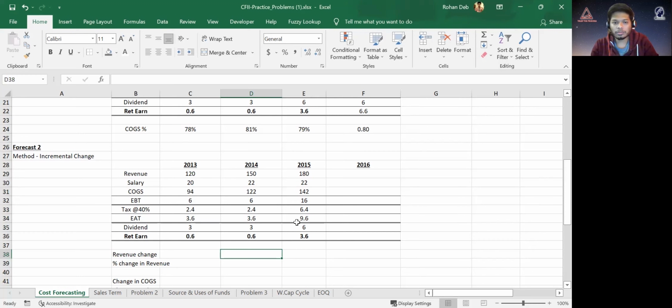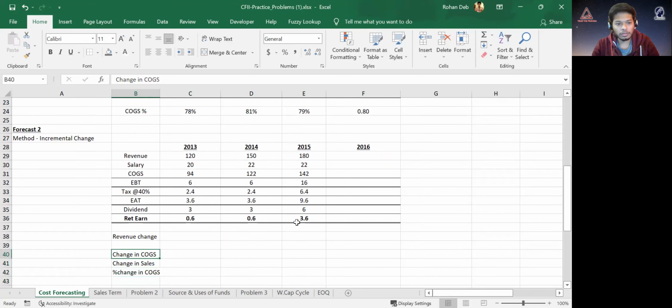So what you can directly do over here is take the incremental changes in revenue.